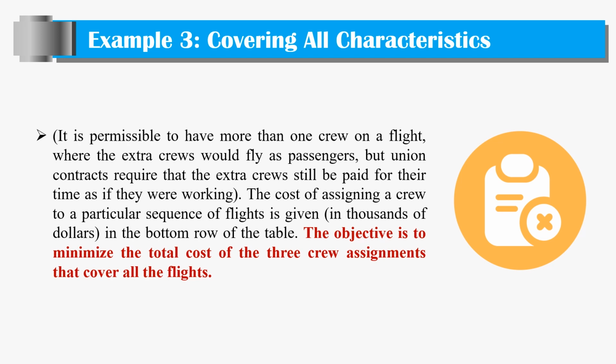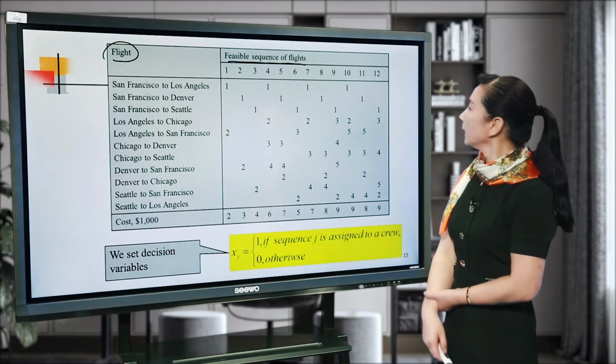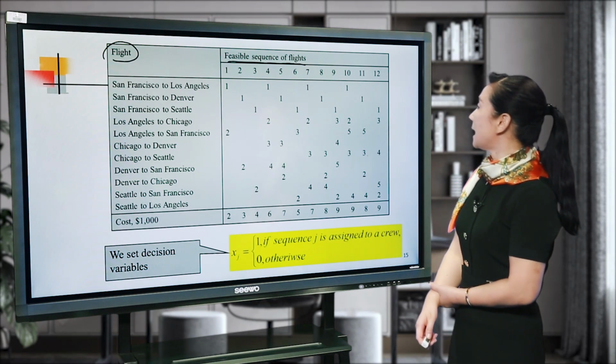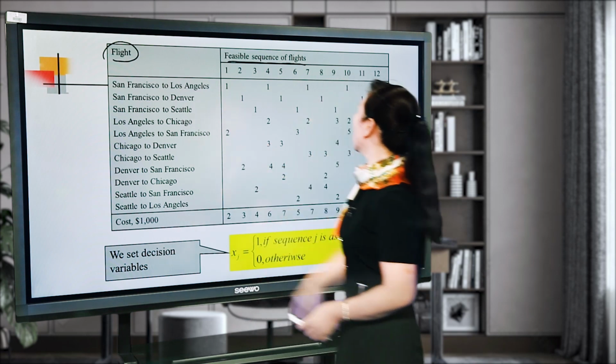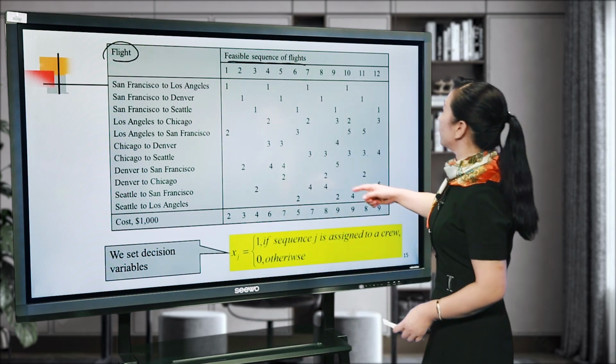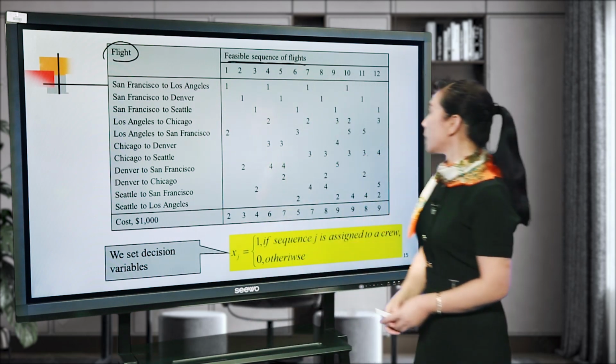The cost of assigning a crew to a particular sequence of flights is in the bottom row of the table. The objective of this program is to minimize the total cost of the 3 crew assignments that cover all the flights. That is, we must cover all flights, and the feasible sequences chosen are only 3.